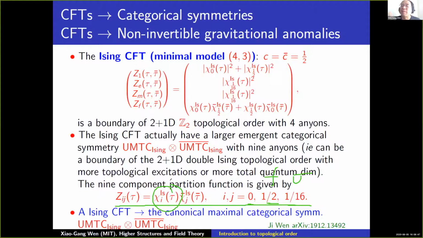The integer part of spin is a kind of descendant field coming from derivatives, and that part is not really captured. But the fractional part of the scaling dimension is related to the topological spin. So there's a very direct relation.